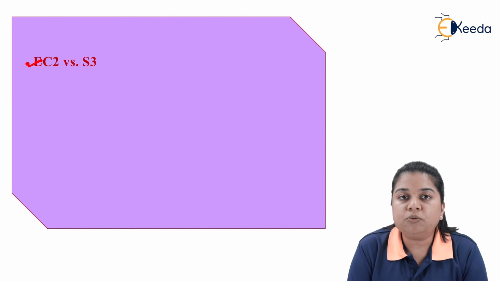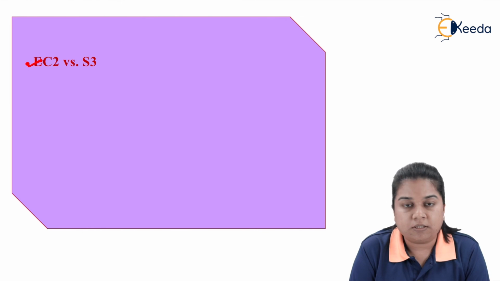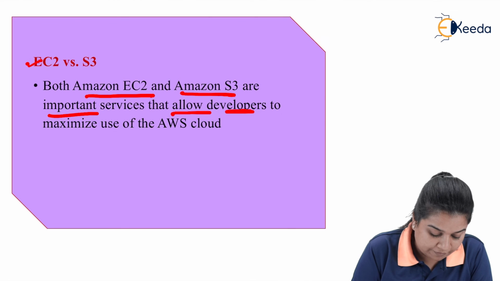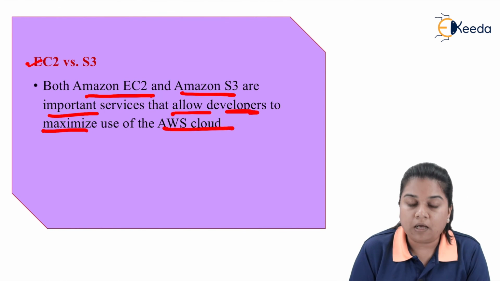Now, EC2 versus S3, that means Elastic Compute Cloud versus Simple Storage Service. Both Amazon EC2 and Amazon S3 are important services that allow developers to maximize use of the AWS cloud.